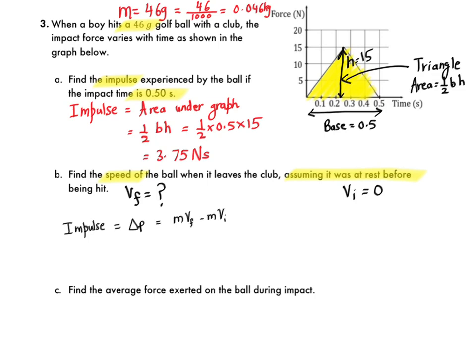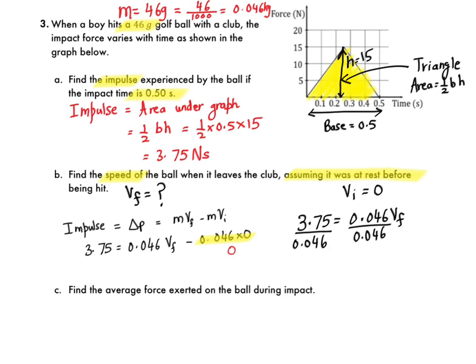So we'll use mvf minus mvi. 3.75 is the impulse, the mass is 0.046, vf we don't know, minus 0.046 times 0 because initial velocity is 0. Anything multiplied by 0 is 0. So our equation reduces, 3.75 equals 0.046 vf. We'll divide both the sides and we get the answer as 81.5 meter per second.